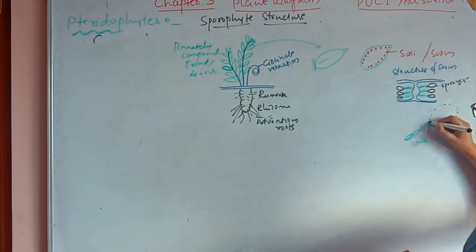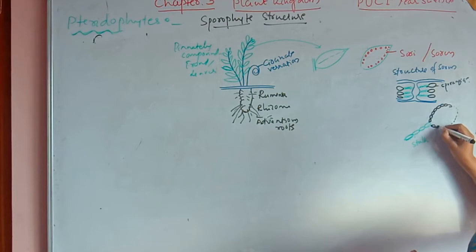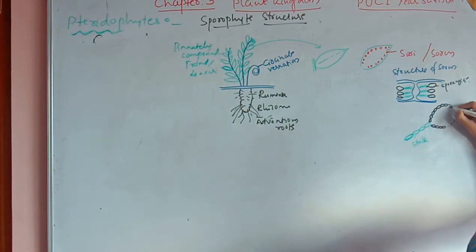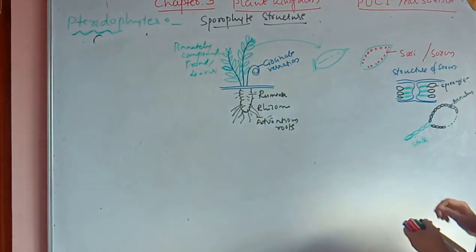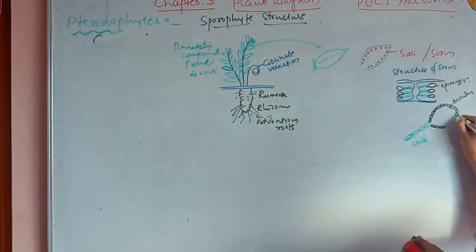The sporangium is made by one side of very thick non-dehiscent cells, which we call the annulus. This portion which is not dehiscent is called the annulus. On the other side, there are some thin walled cells meant for dehiscence.